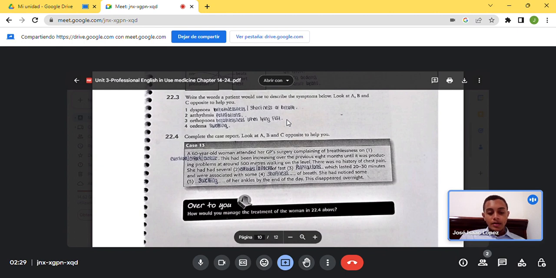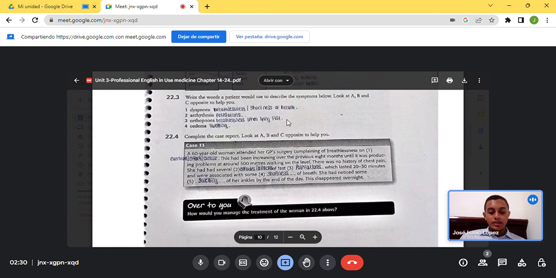Esto había ido aumentando durante los últimos 8 meses aproximadamente, hasta que ella tuvo problemas de caminar alrededor de 500 metros en el nivel.